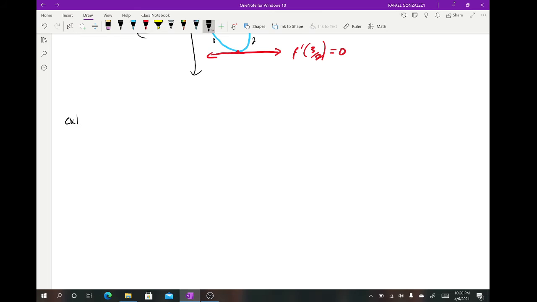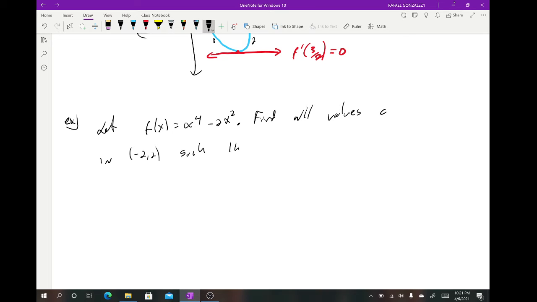Rolle's theorem is going to be very useful to us in the next coming sections. Right, let's do one more. So let's say you're given f of x to be equal to x to the fourth minus 2x squared, and that you are asked to find all values of x in the interval -2 to 2 such that f prime of c is equal to 0.